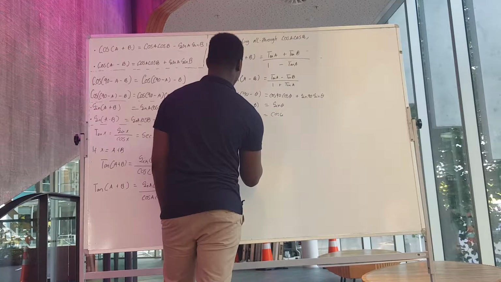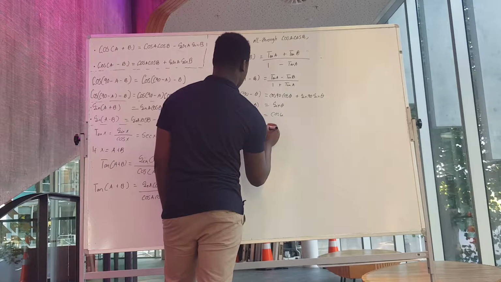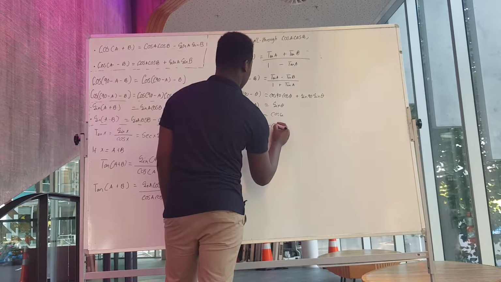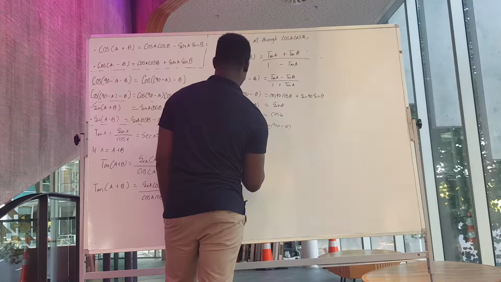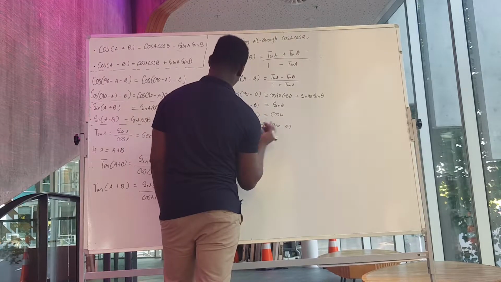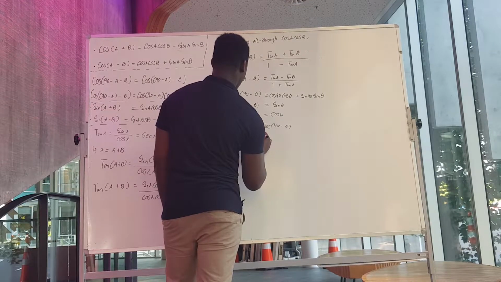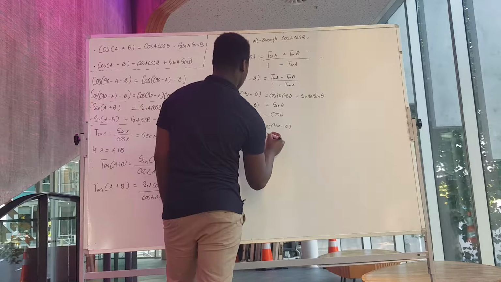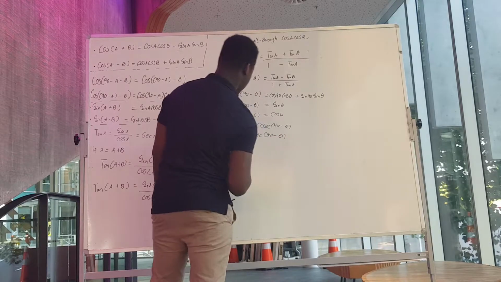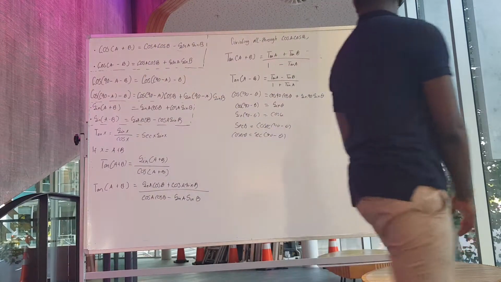So we also have sec theta equal to cosec(90 - theta), and cosec theta is equal to sec(90 - theta). That's about it.